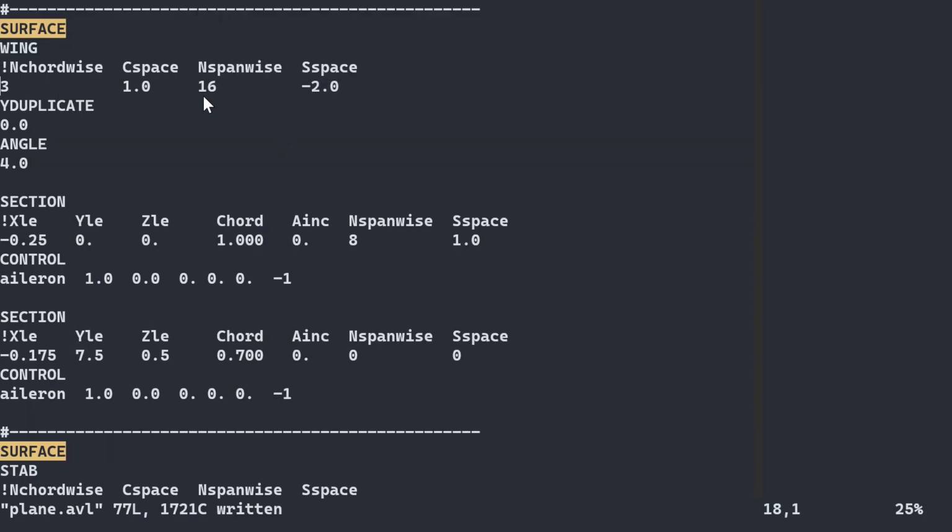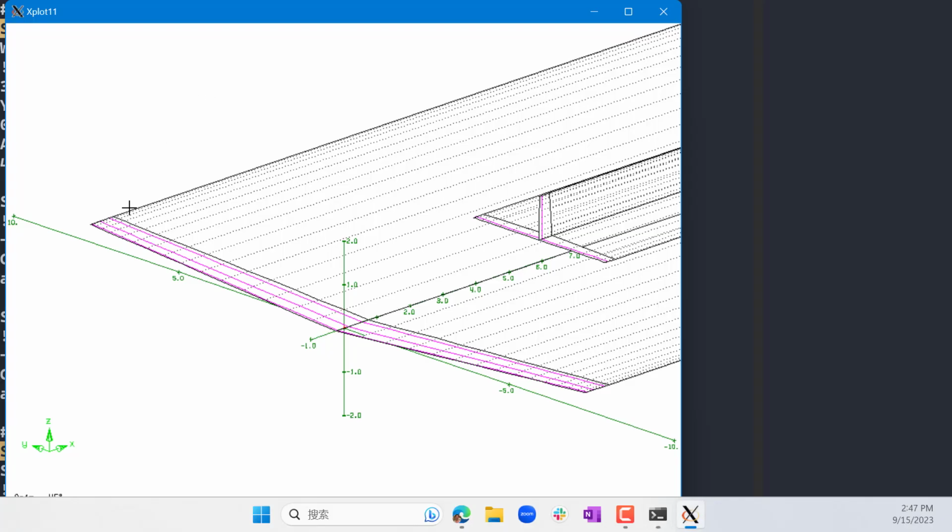There are 16 vortices in the span-wise direction, right? So 4 vortices per section, and 16 vortices in this direction. So on this half of the wing, there are going to be 64 vortices in total. So 64 unknowns for this part of the wing, another 64 unknowns in this part of the wing, and there are additional unknowns on the tail, on the fin, etc. Right? So this is the collection of unknowns AVL is going to be solving.